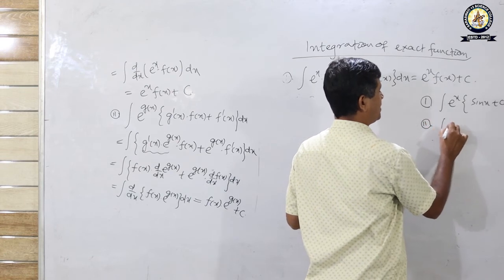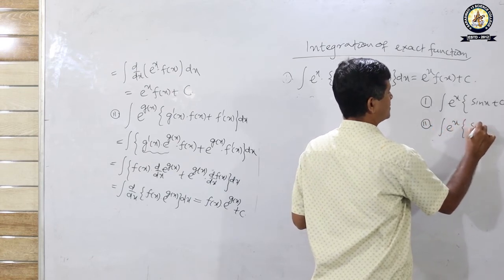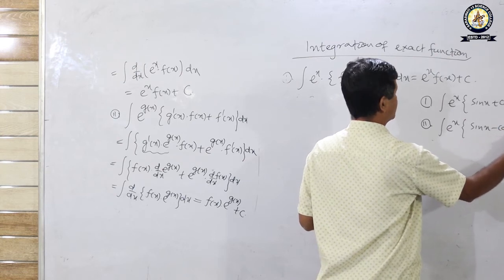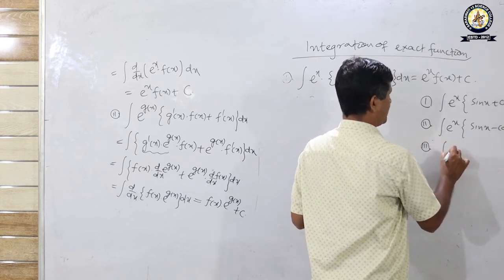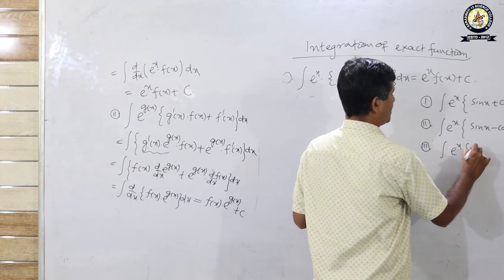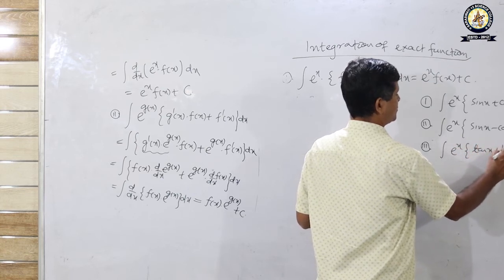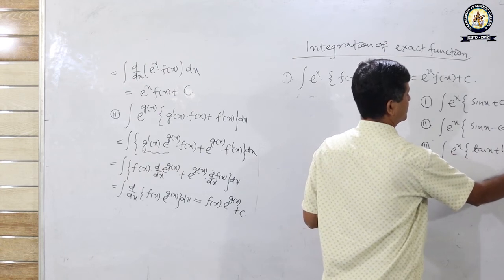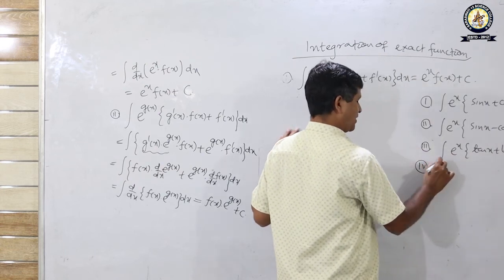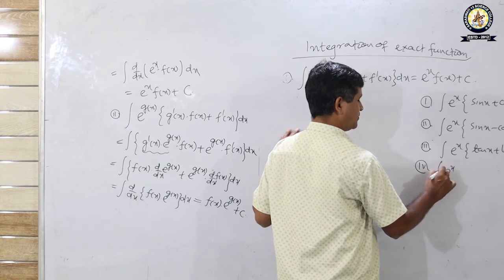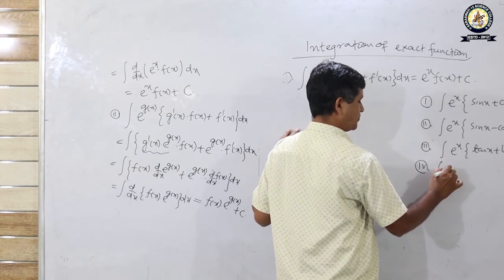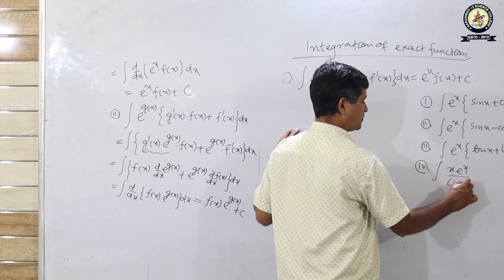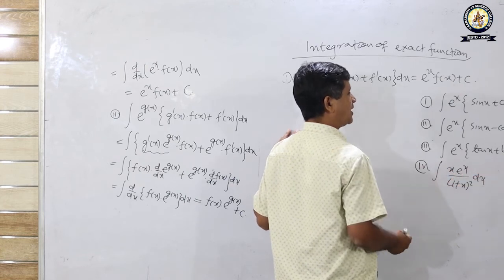Second is e to the power x into (sin x minus cos x) into dx. Third bit, e to the power x into (tan x plus log sec x) into dx. Fourth bit, integration of e to the power x into (x by (1 plus x) whole square) into dx, and much more.